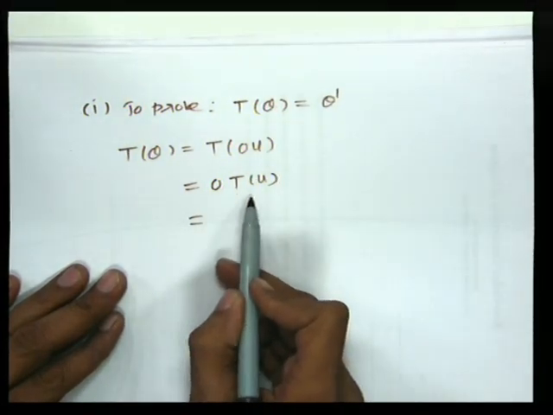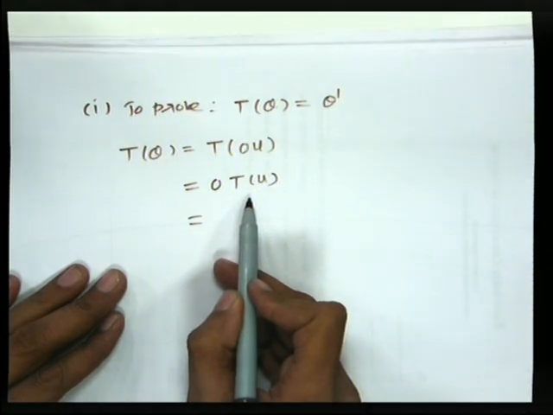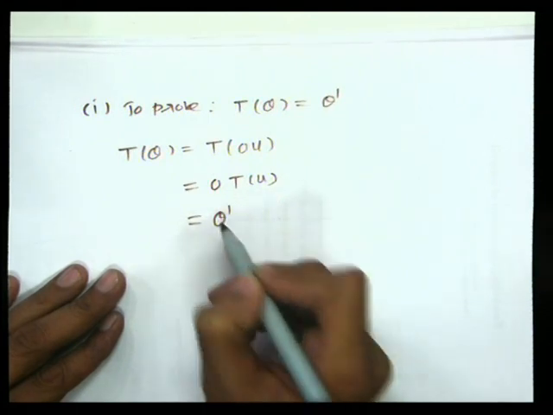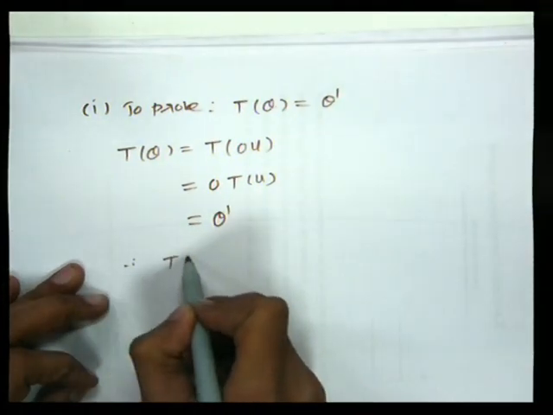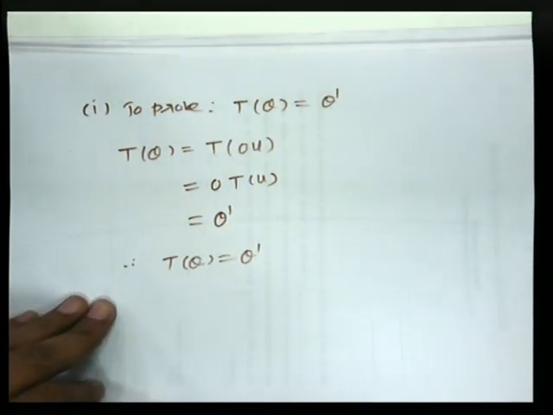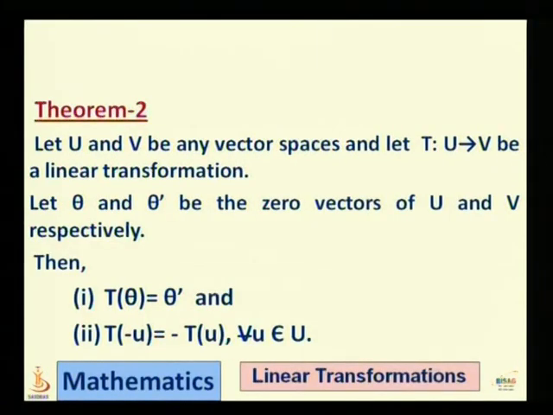Here T of u is a vector of V, so 0 into a vector of V gives theta dash. So we have proven the first result of this theorem, T of theta equals theta dash.